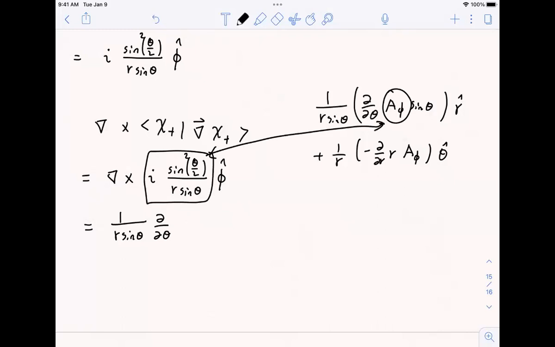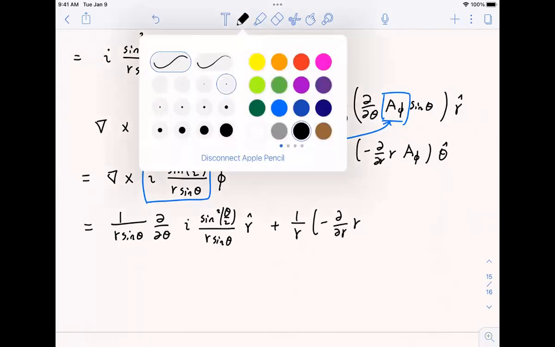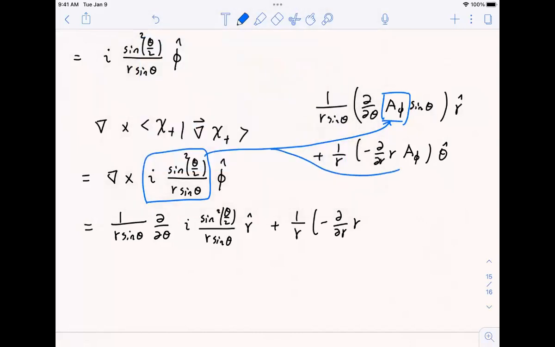Let me use a color pen. So this is this part. Okay. So we're going to write I and then R. Okay, plus this negative d r r. Of course, this is also here.